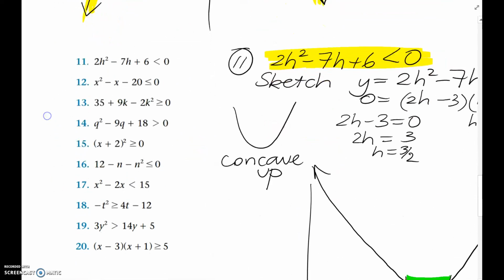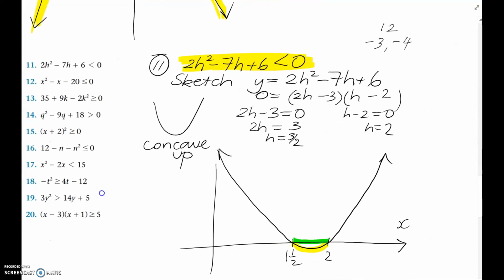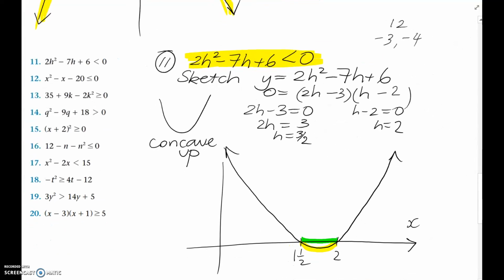Let's have a look at another one. So here we're trying to solve 2h squared minus 7h plus 6 less than 0. The first thing you notice is that it actually shouldn't be an x there. Let me make it an h, because the variable is h, not x. Everything else can be the same.